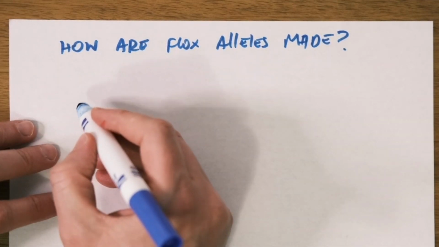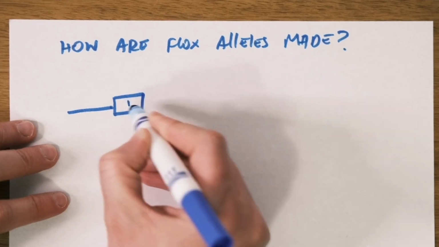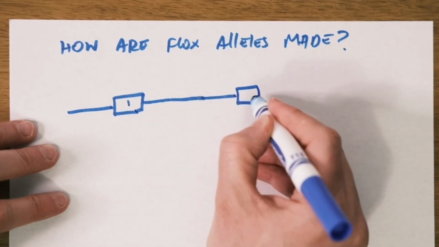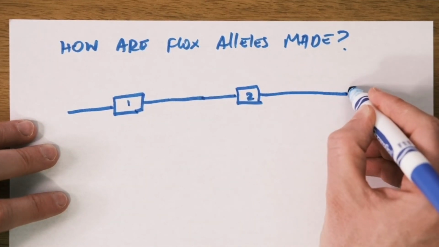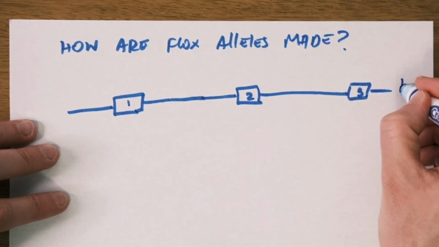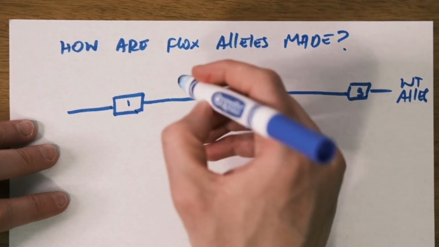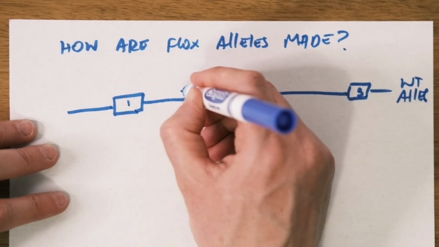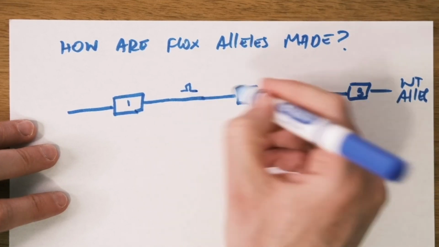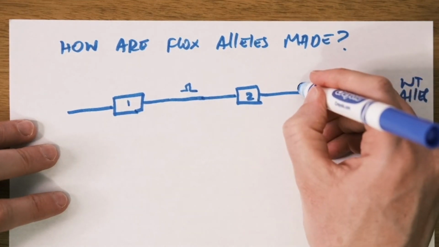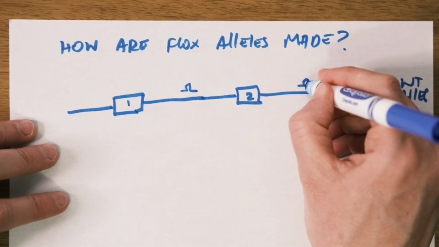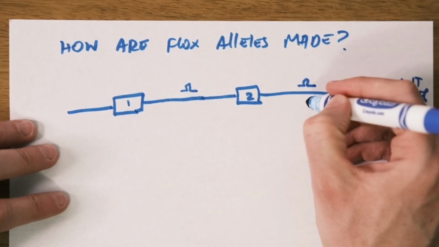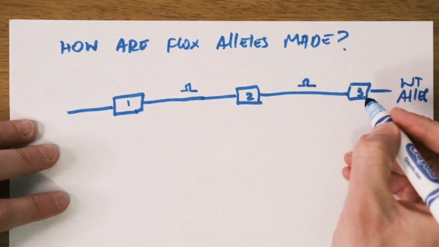So we will have our exon 1 followed by exon 2 followed by exon 3 in our wild type allele. And what we are going to do is use a sgRNA targeting somewhere here in the intron to insert one LoxP site, and we are going to use a second sgRNA targeting this intron to insert the second LoxP site.